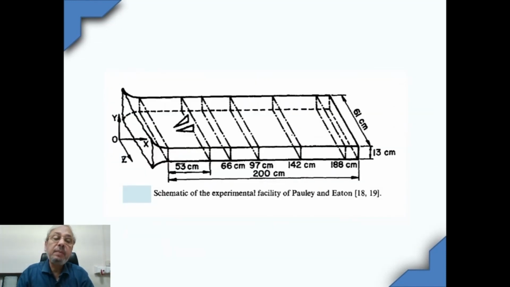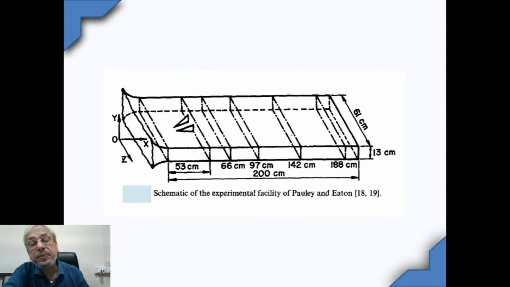Then we will take up yet another example. Here, instead of a delta winglet, we have used a delta winglet pair. This is a very well-known experiment, done at Stanford University.